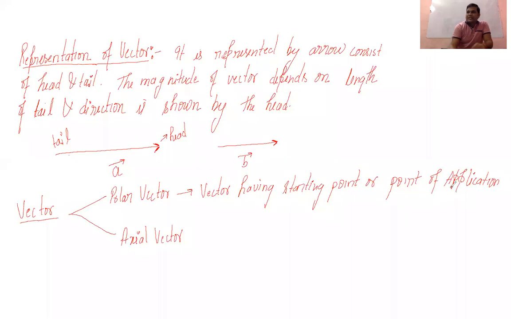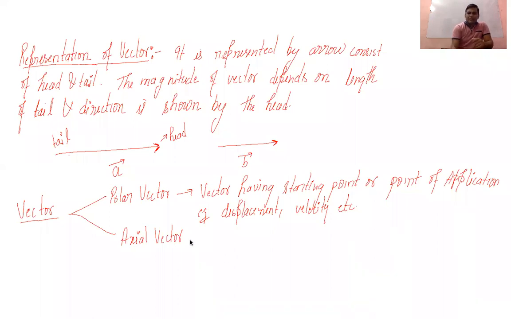You can understand an example like this: displacement and velocity, etc. These are those vector quantities which have a certain starting point, and that will be known as your polar vector.